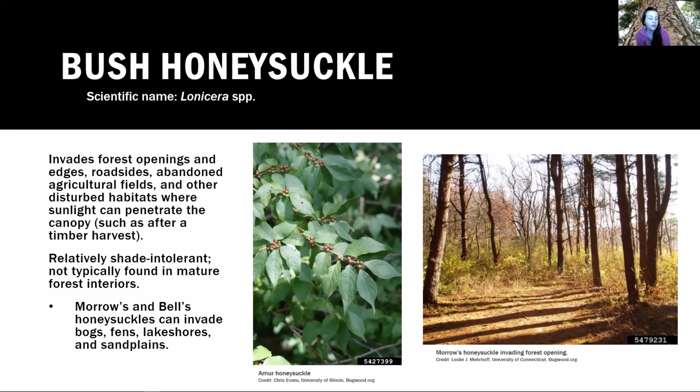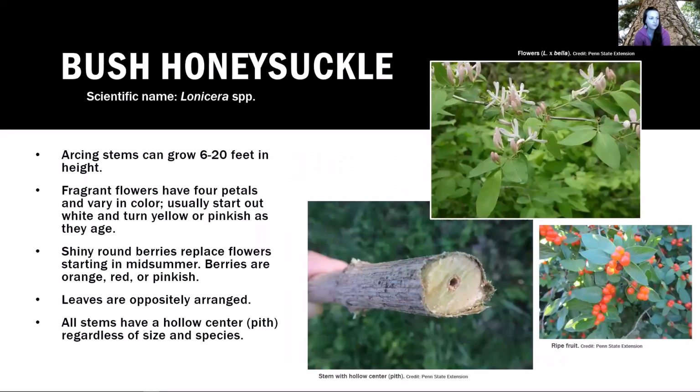Because this species really does like the sunlight, you're not typically going to find it in mature forest interiors because it is relatively shade intolerant. But you may find some other species like the Morrow's and the Bell's honeysuckle in more wet areas like bogs and fens and lake shores and also sand plains. So you can really find the bush honeysuckle in a variety of different places.